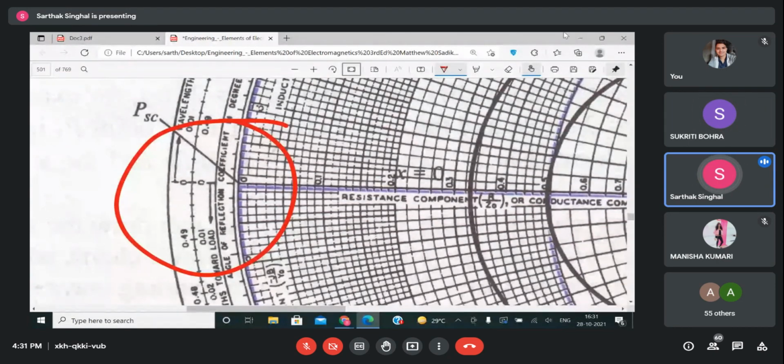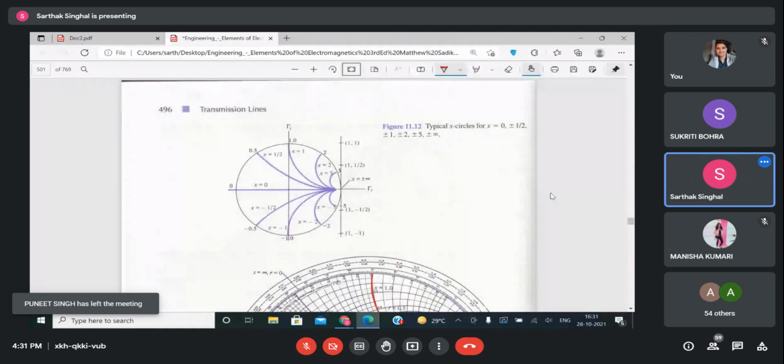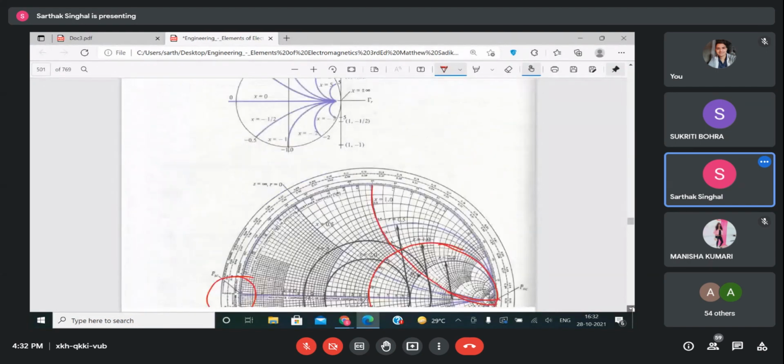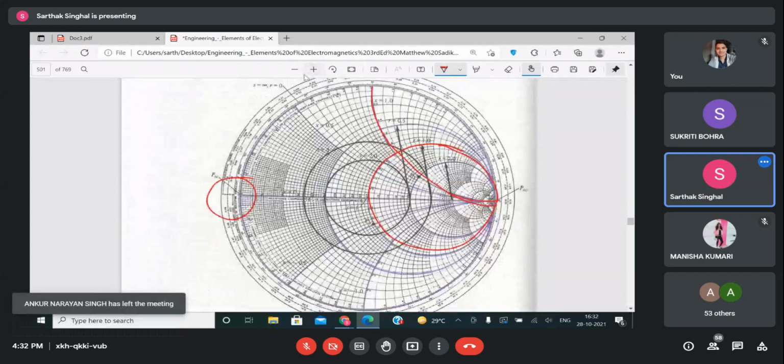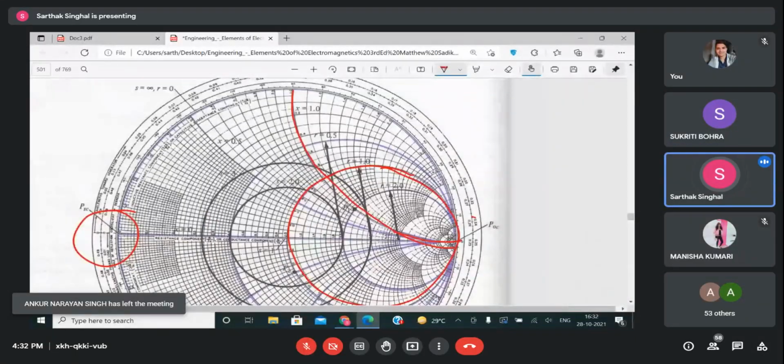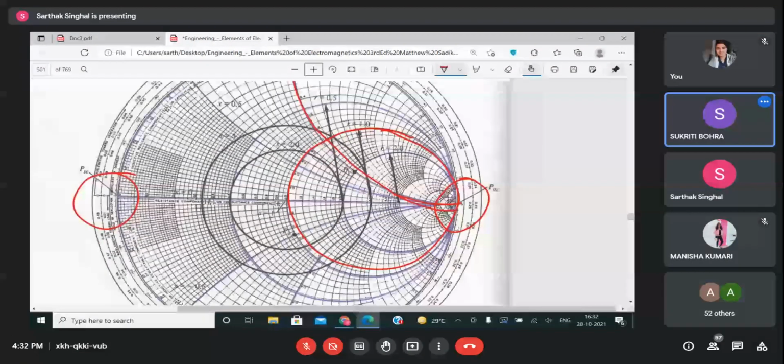Okay? And at this point, what will be the value of resistance? The real part will be infinite. So this will be your open circuited point. Is it clear? Yes, sir.